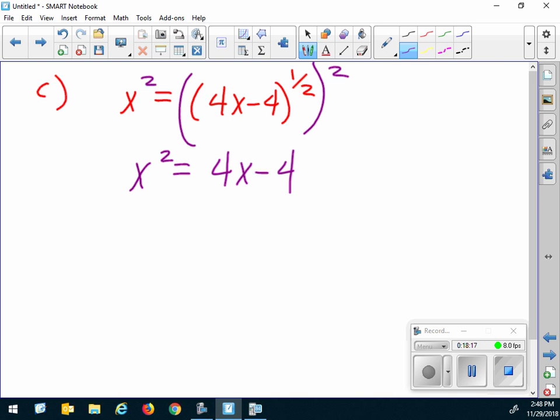Now Joseph, this is where we have an x squared. Now we're going to set this thing equal to 0. How am I going to set this thing equal to 0? Subtract 4x and add 4. Right.